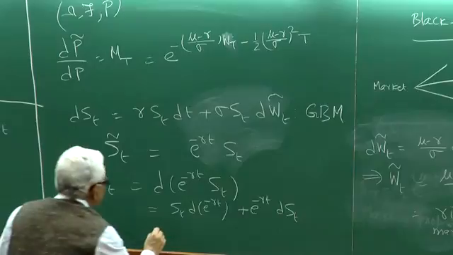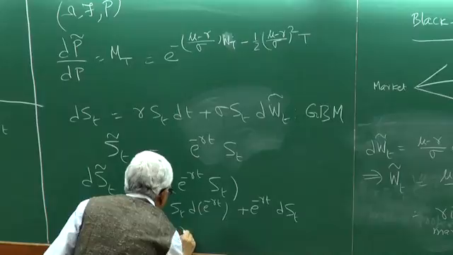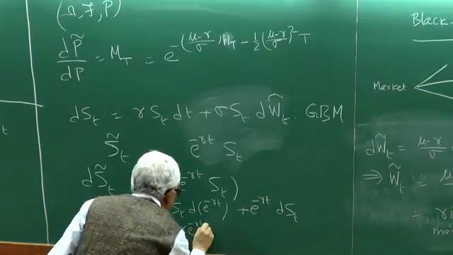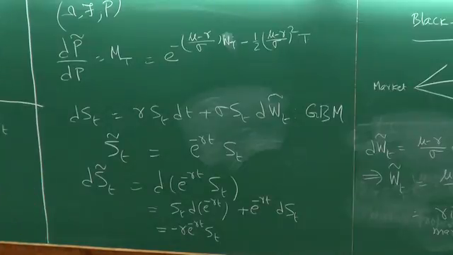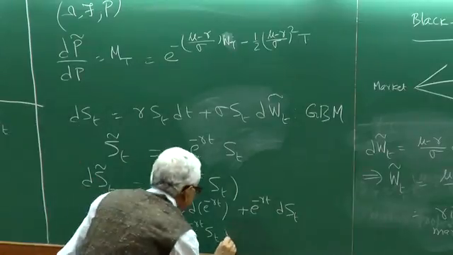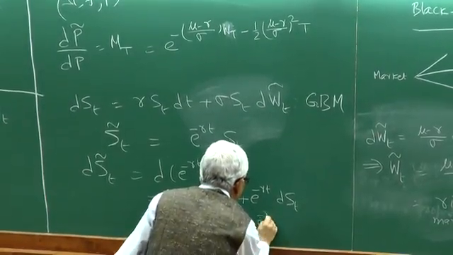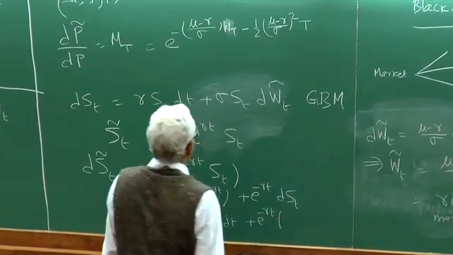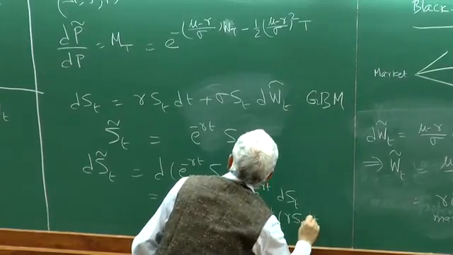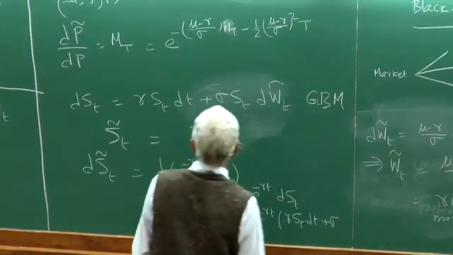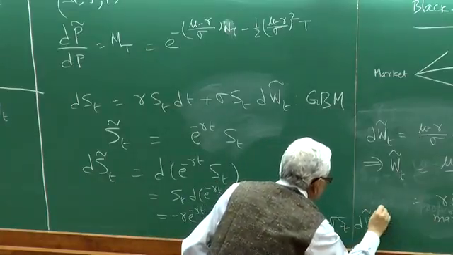So this is minus r e to the power minus rt times St dt, and this is e to the power minus rt times r St dt plus sigma St dWt tilde.